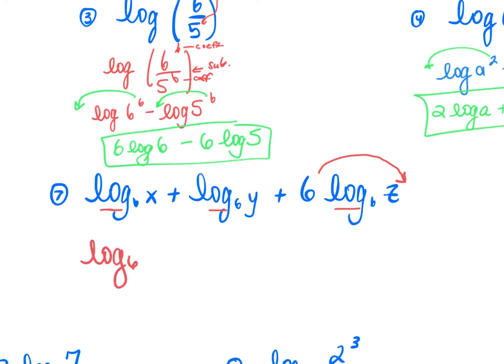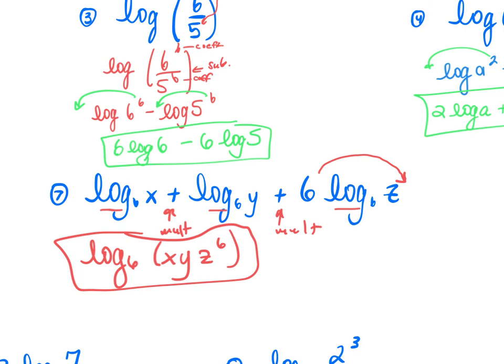So I'm going to rewrite this with 1 log base 6. And since I'm adding, this is going to become multiplication. And this is going to become multiplication. So you can literally just say x, y, z to the 6th. It's a lot less writing when you have to smush it back together.